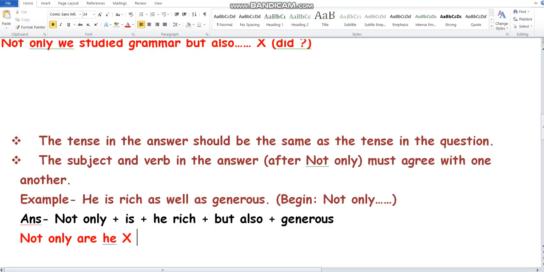This is obviously wrong. Then, since the tense in the question is present, and this is very important, the tense in the answer too will be present. You have to write not only is he. You cannot write not only was he. Again, wrong.